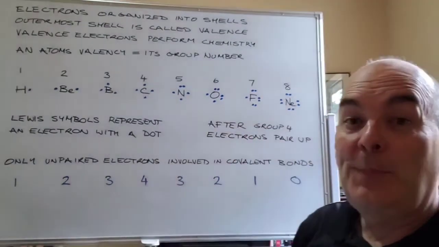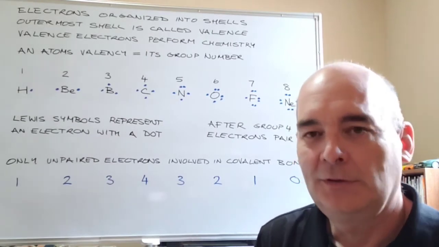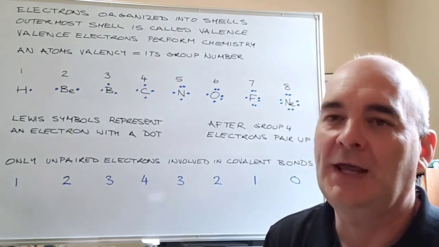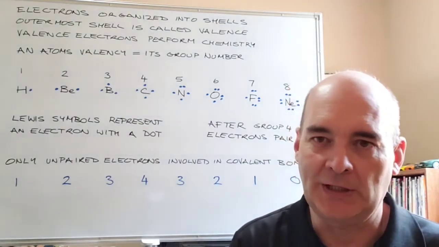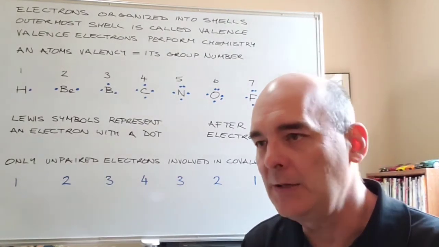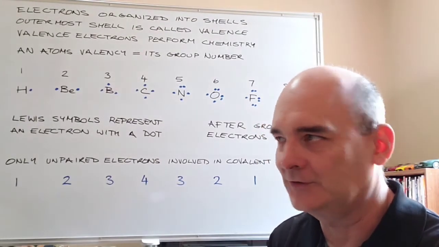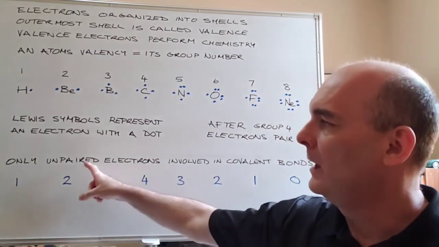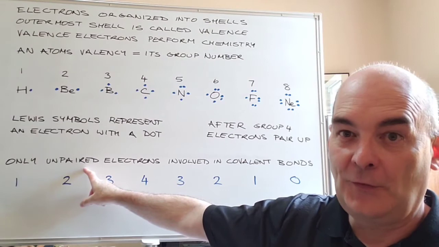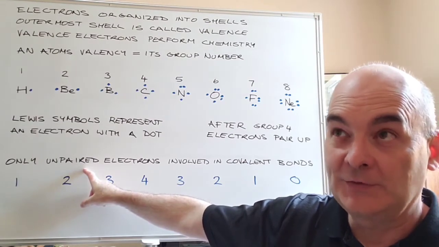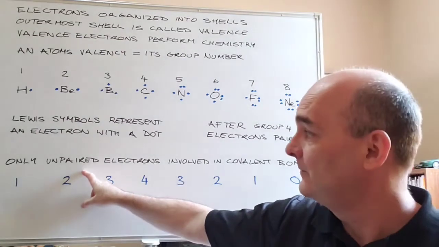We're going to call the paired electrons lone pairs of electrons, or what our book calls non-bonding electrons. The unpaired electrons are what our book calls bonding electrons. And it turns out only the unpaired electrons perform chemistry in terms of making covalent bonds, sharing electrons.